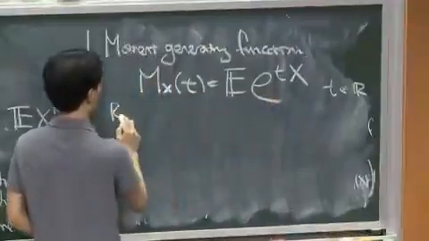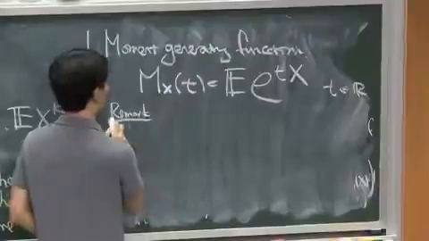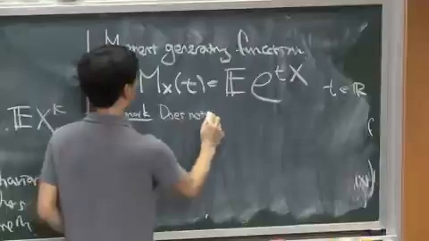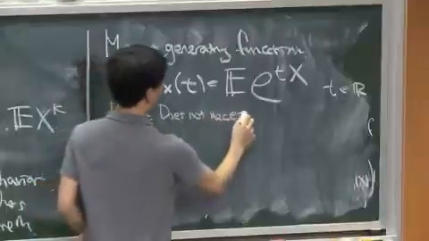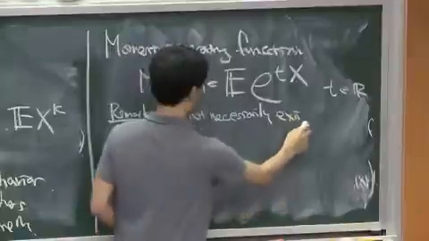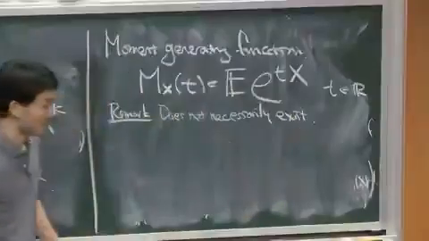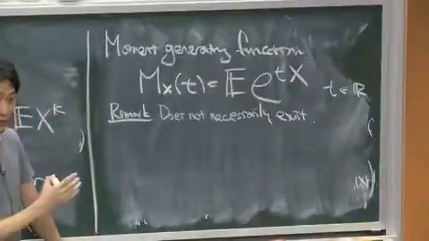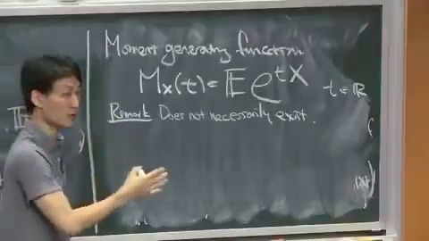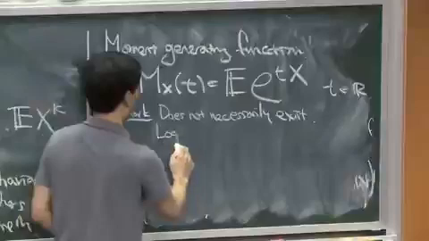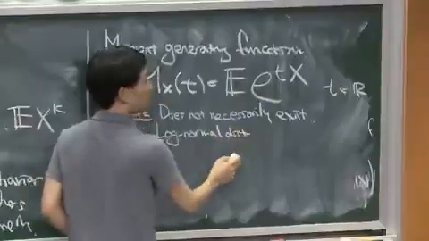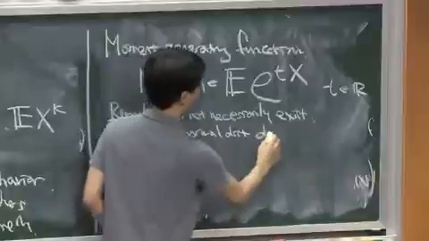So remark, it does not necessarily exist. For example, one of the distributions you already saw does not have a moment generating function. The log normal distribution does not have any moment generating function.